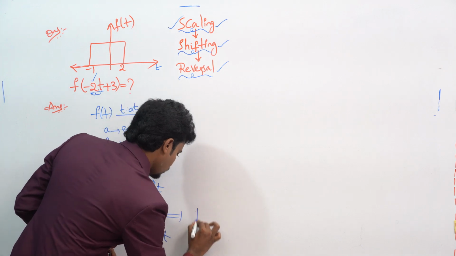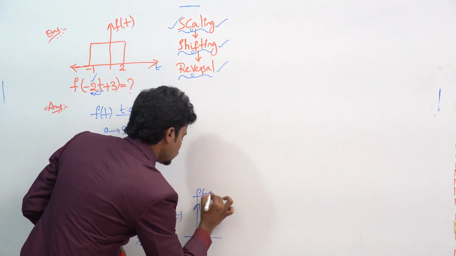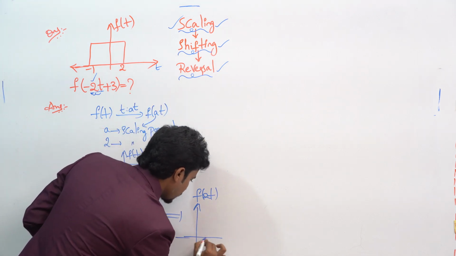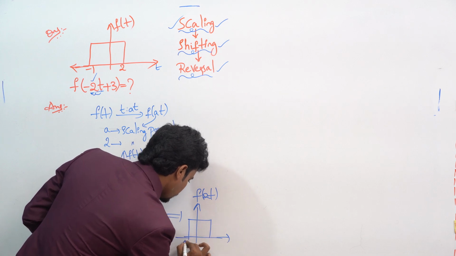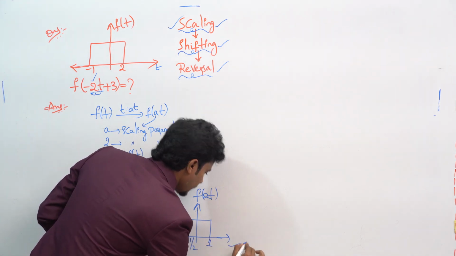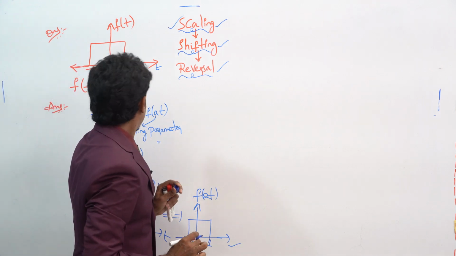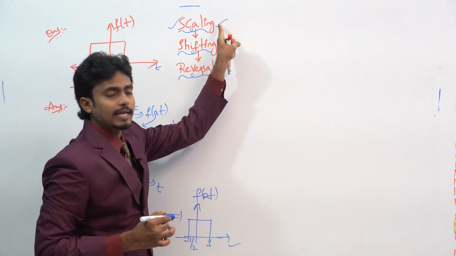So f of 2t is -1 divided by 2 and 1. So we have just completed the scaling.